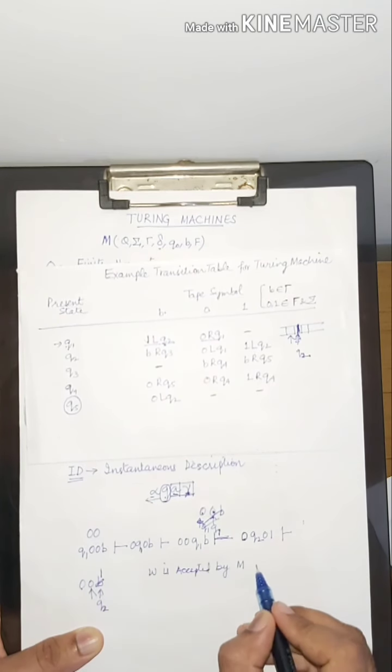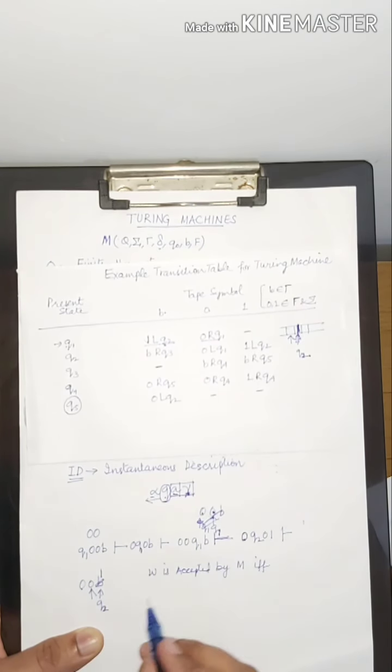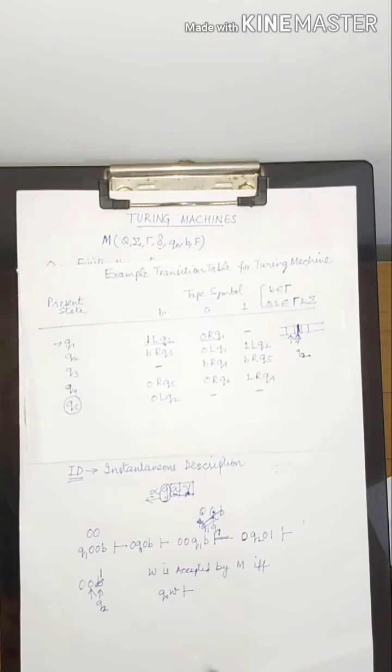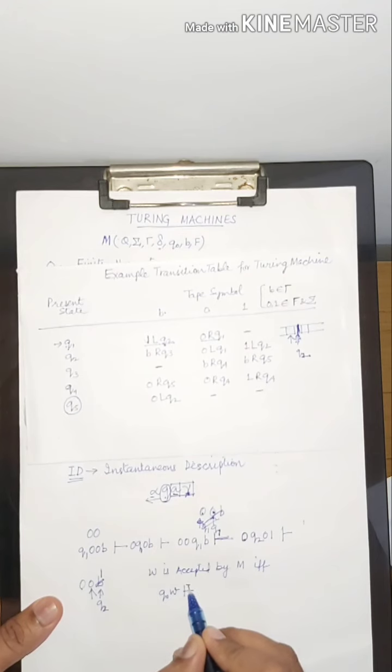M if and only if the initial ID is Q0, the initial state, and then we feed W to it, and a transition takes place. After so many transitions, I put a star as usual. This star means multi-step transitions.